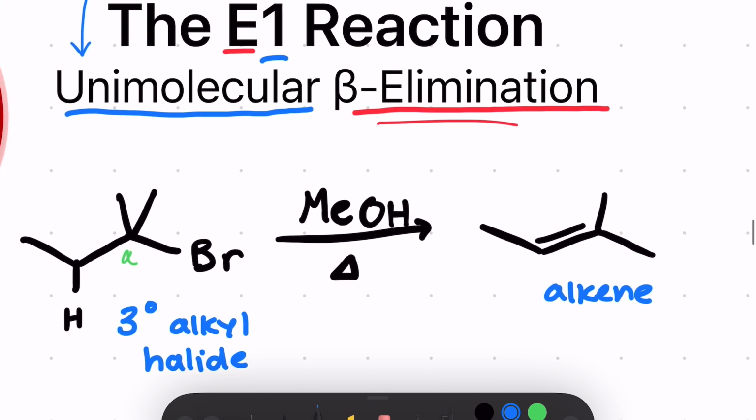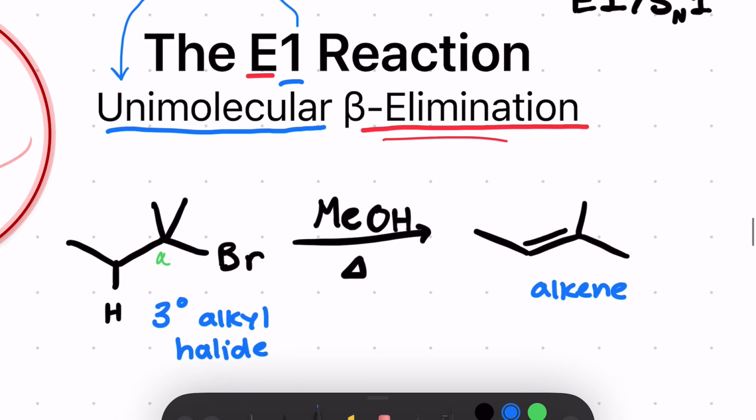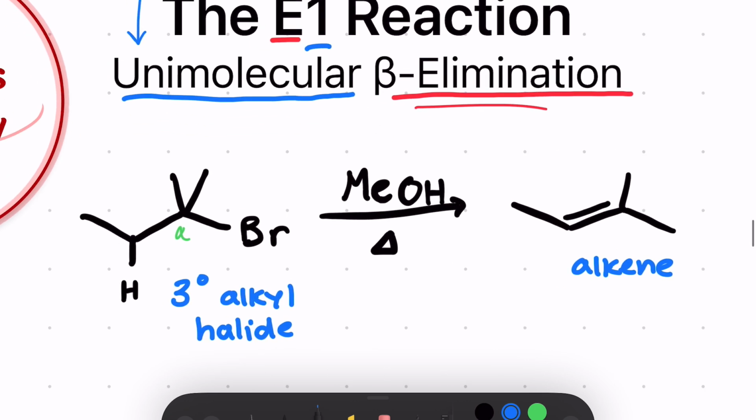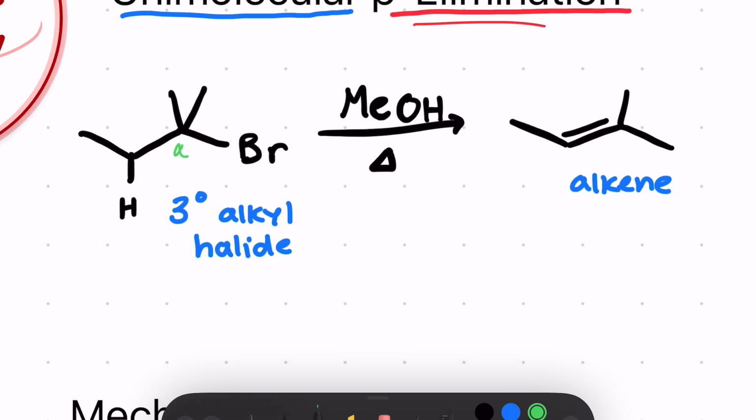With an elimination reaction, we can actually predict our product. We will be getting an alkene. And my reagents here are just methanol. This is CH3OH. And this delta symbol, it looks like a triangle, signifies heat. So I'm using some heat here.